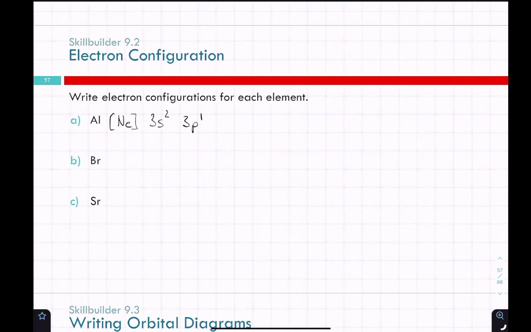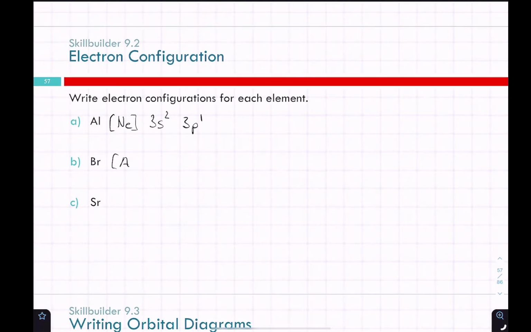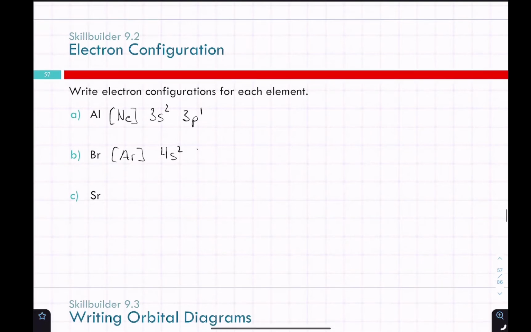Okay. What about for bromine? Shortcut on argon, and now we're starting at 4s2, 3d10.